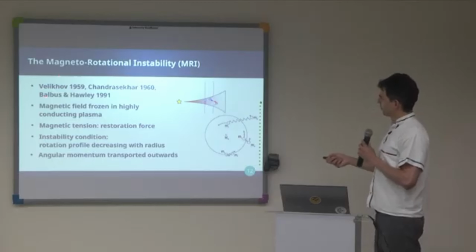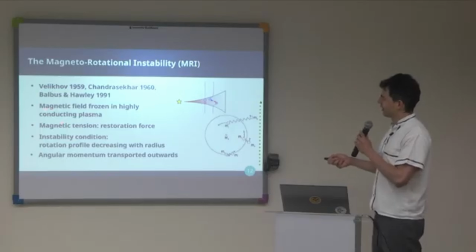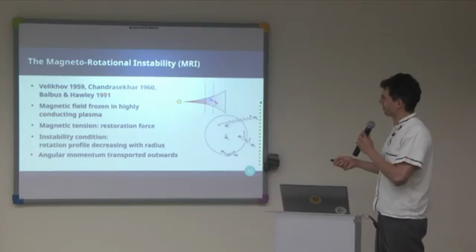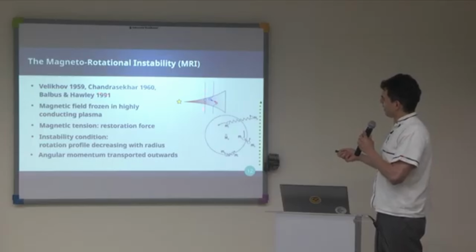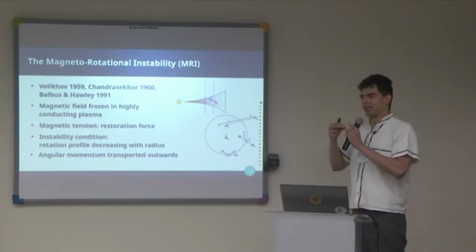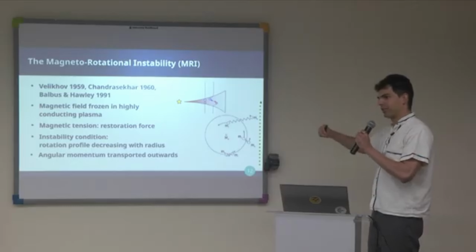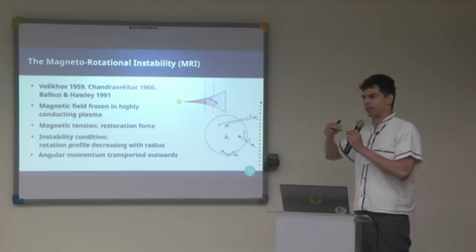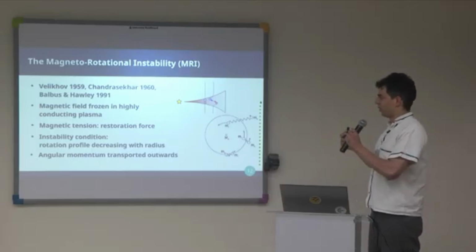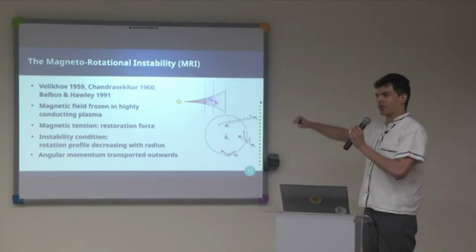In ideal MHD, one has a condition that is called the magnetic field frozen-in condition. This means that the magnetic field lines need to be carried with the fluid elements. So magnetic field lines cannot cross fluid elements.